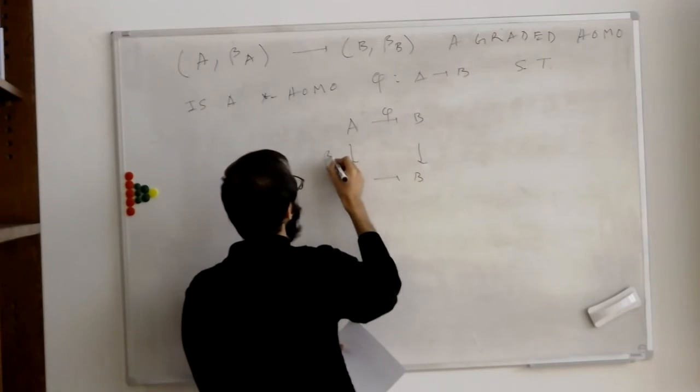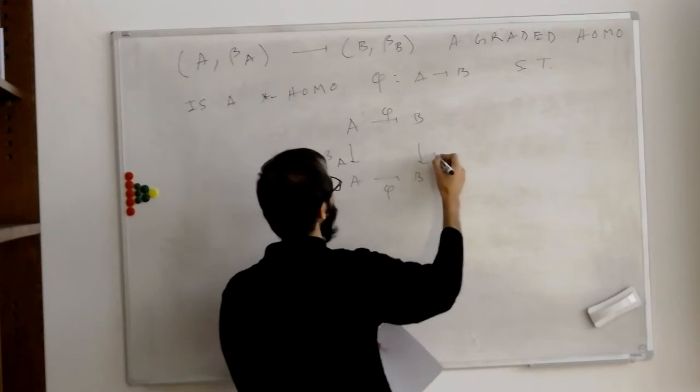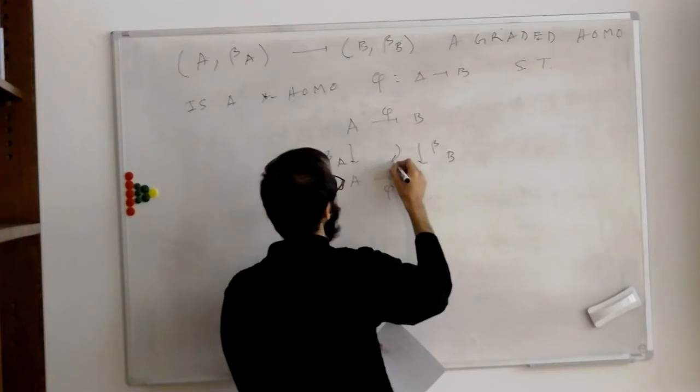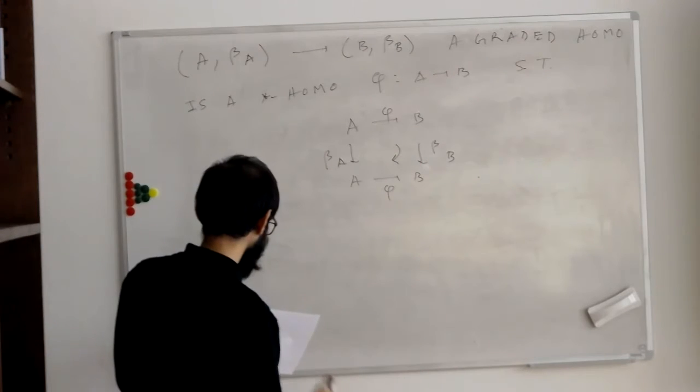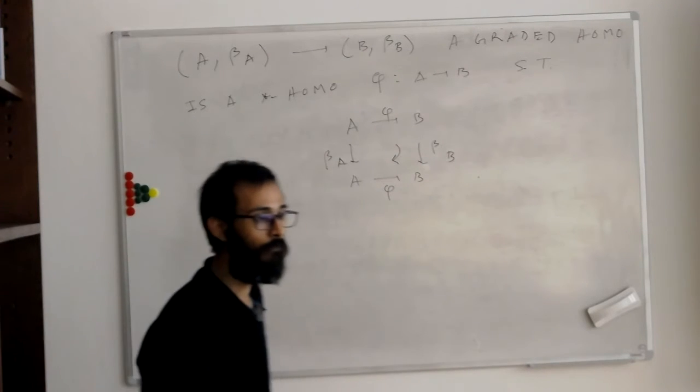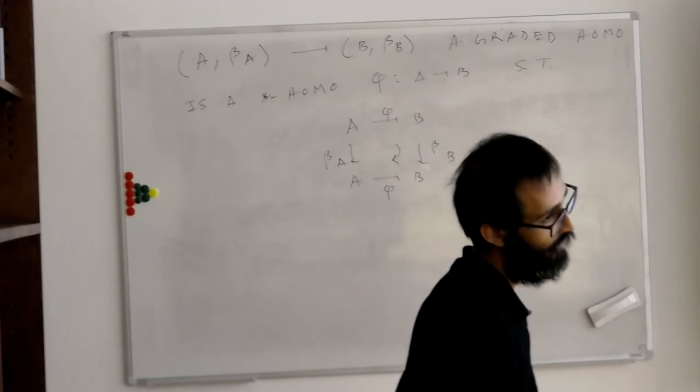This is phi, this is beta A, this is phi, this is beta B, and this diagram commutes. Sorry for my question, it's a Z2 grading. Z2 grading, okay.